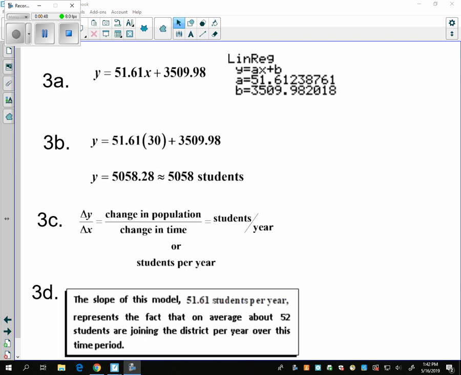All right, so check your answer to number 3. It was a linear regression. Here's the line of best fit.